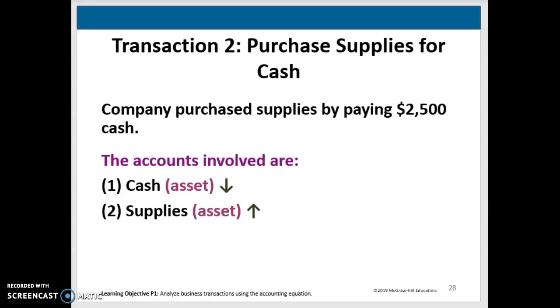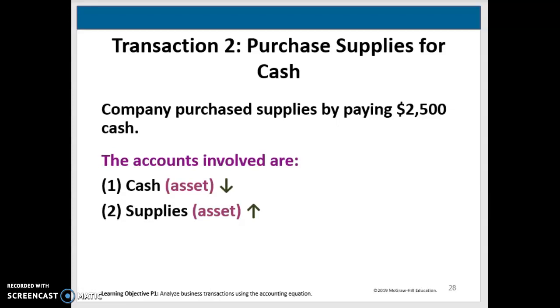So we're buying supplies, and we're paying $2,500 cash, so our cash is going to be decreasing. One asset is decreasing, and another asset is increasing, our supplies. So we're getting supplies. How are we getting them? We're paying cash. So one asset is going up, one asset is going down.